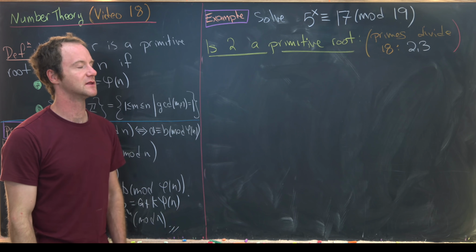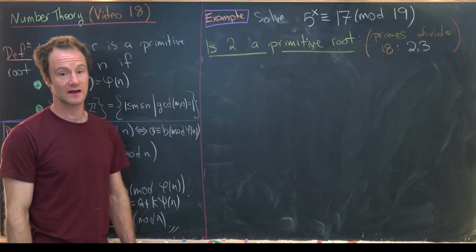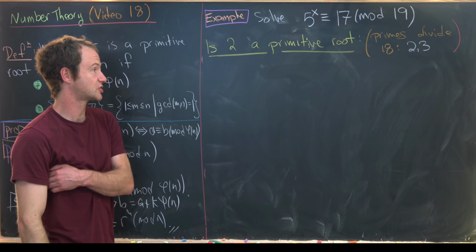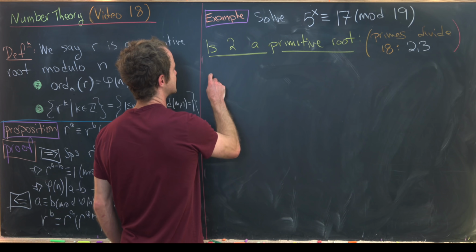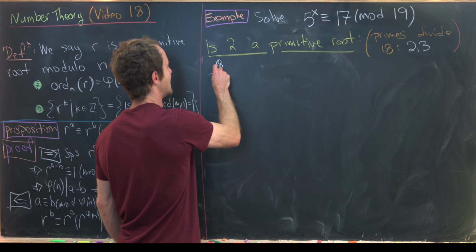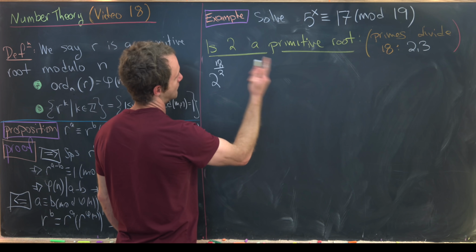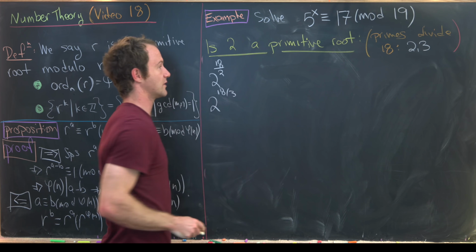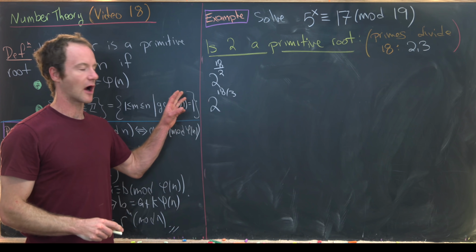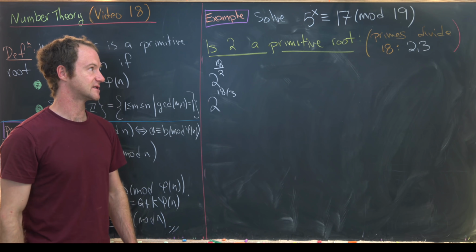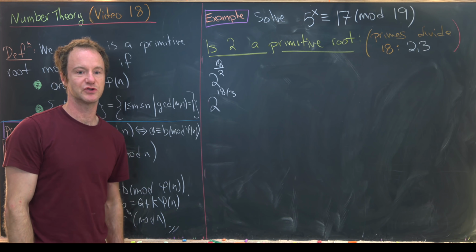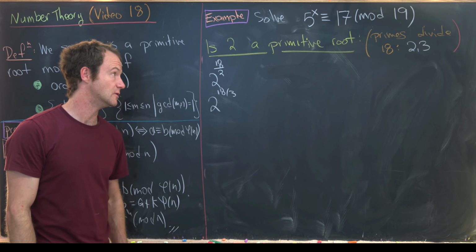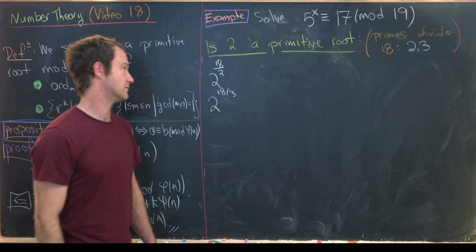So that means we've got a little bit more work than we had last time, but not too much. Okay, so let's calculate 2 to the 18 over 2 mod 19, and then 2 to the 18 over 3 mod 19. Our hope is that neither of these is congruent to 1 mod 19, which would mean that 2 is a primitive root mod 19.